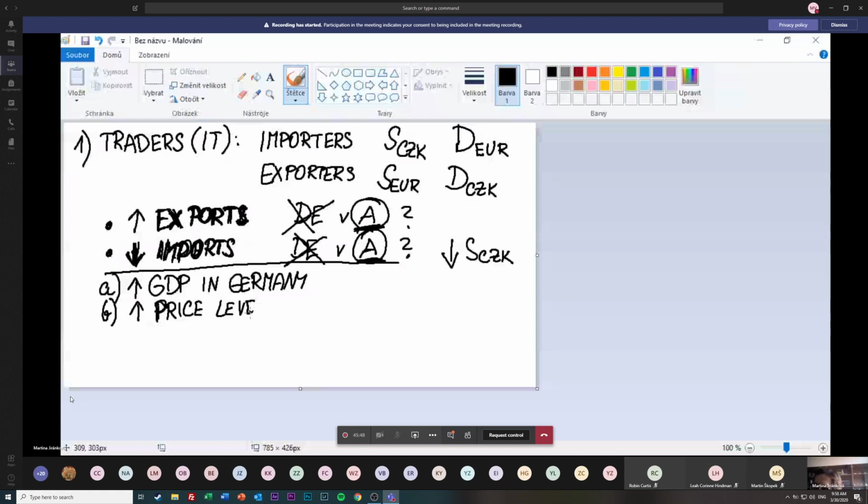And the third situation is that tariffs are imposed in the Czech Republic.